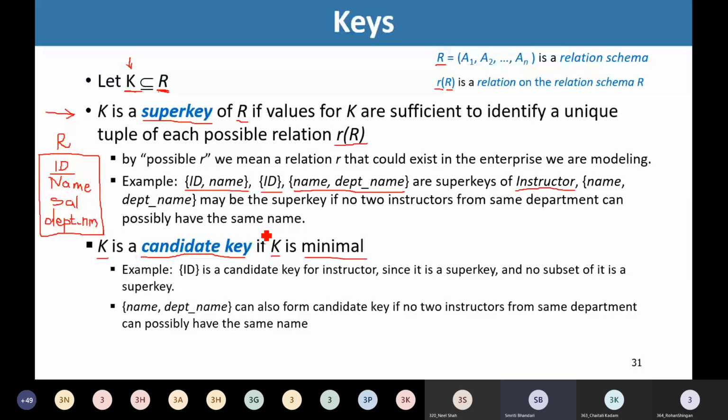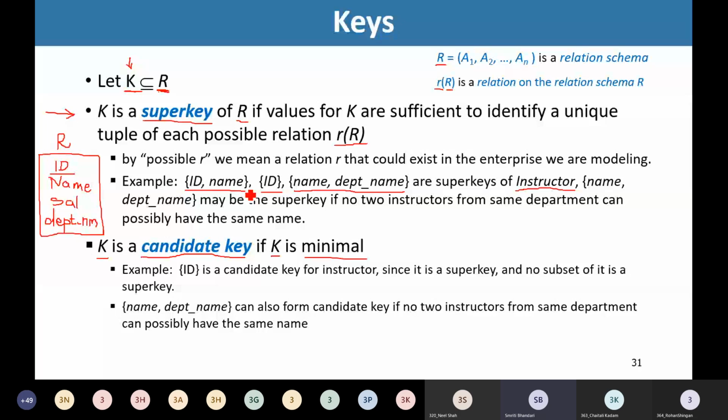So if I find a super key for which there does not exist any subset that is also a super key, then we say that it is a minimal super key, and that is a candidate key.